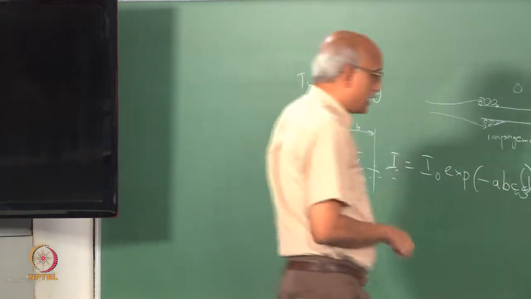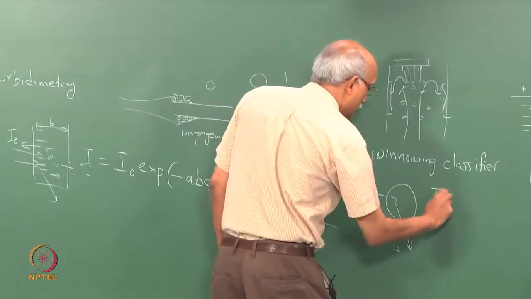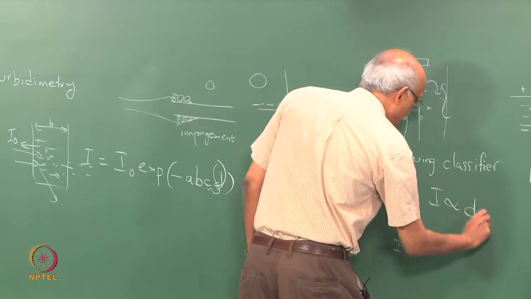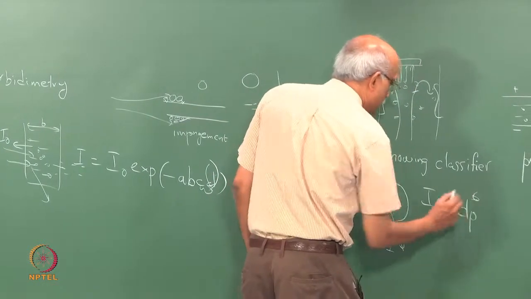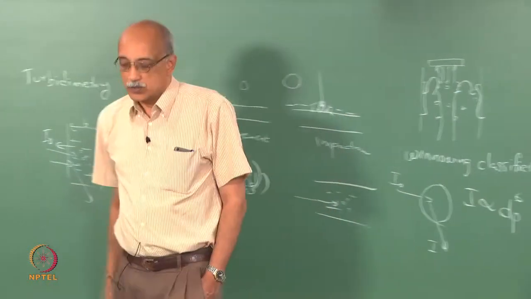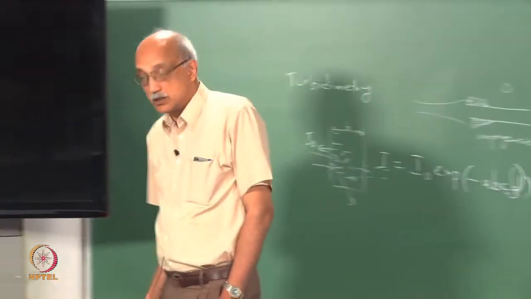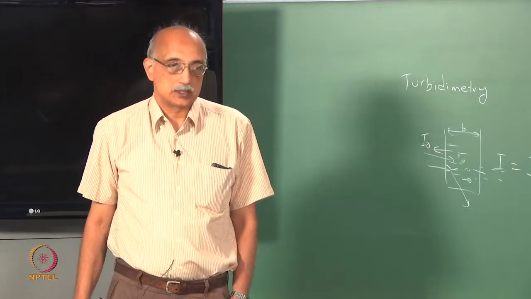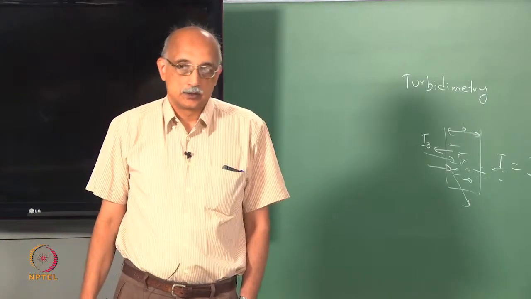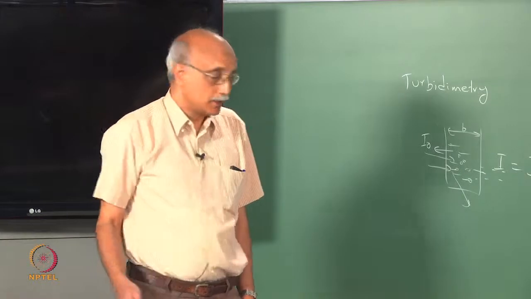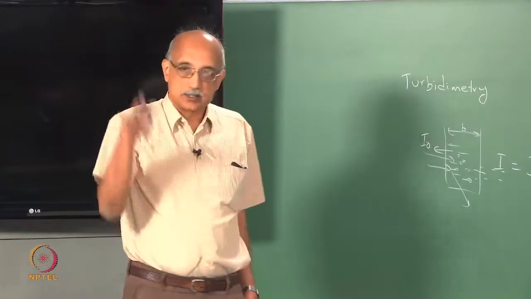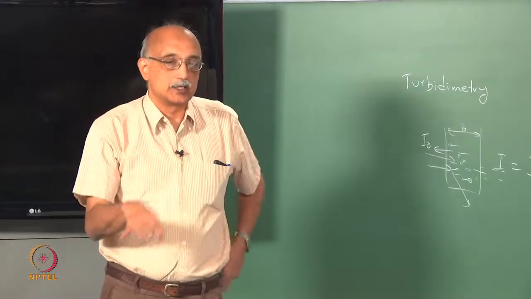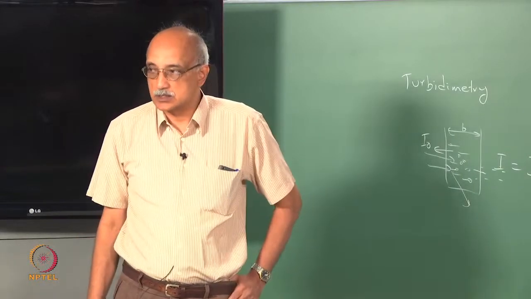If you look at the light scattered intensity I, it turns out that it is proportional to dp to the power 6. So, as particle size increases, the scattered light intensity increases to the power 6. Conversely, as particle size drops, there is a very significant drop in the scattering light intensity.